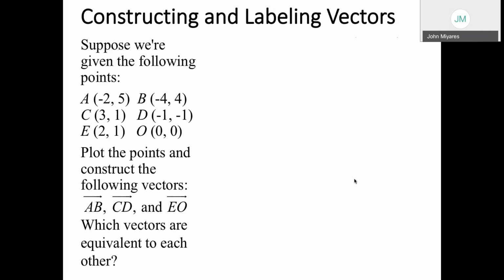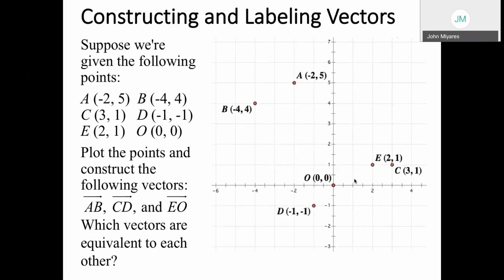The first thing we should do is plot the 6 points in question. The notation that's given here with the A and the B and the arrow on top implies that I want to start at point A and continue on towards point B. So my vector will start at A and continue this way.